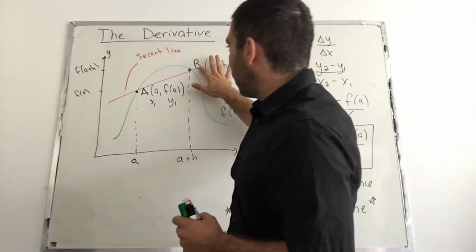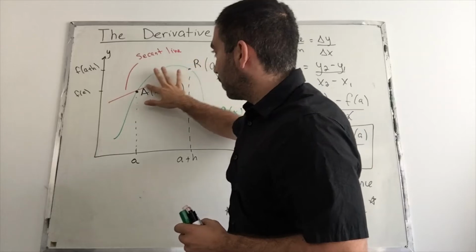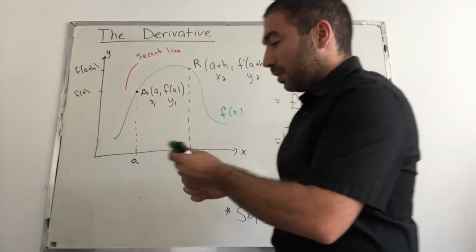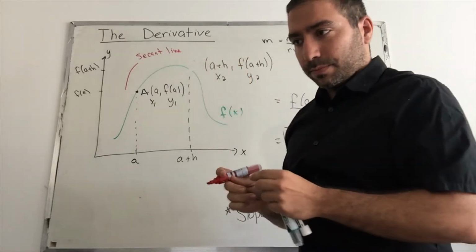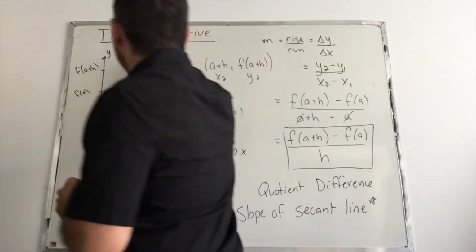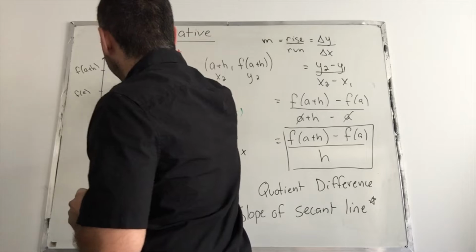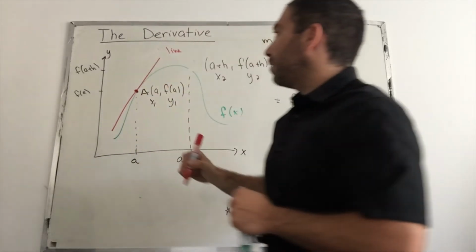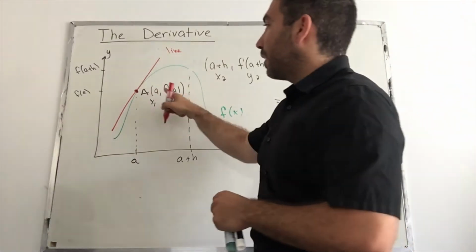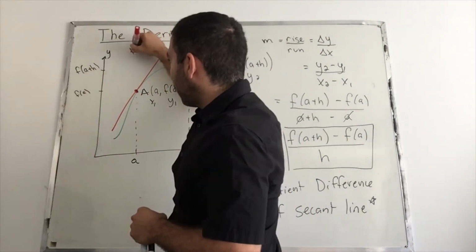So let me redraw this. So we no longer have b, and we're dealing with a tangent line. So this red line here is touching the function at exactly 1 point at a. Okay, so this is now a tangent line.